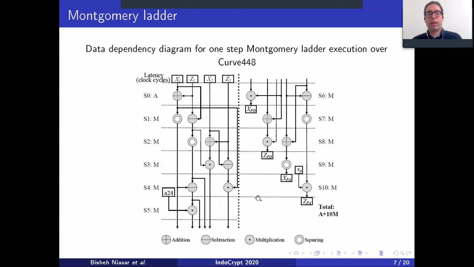Here, as you see, we designed our Montgomery ladder to decrease the required latency. We tried to design a highly parallel structure to reach a total latency of A plus 10M, where A is equal to the required latency for an addition or subtraction, and M is the required latency for multiplication or squaring.